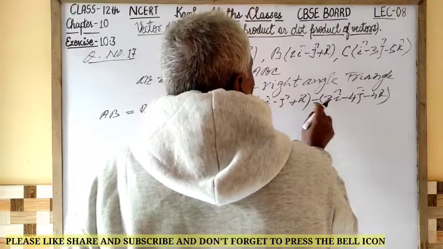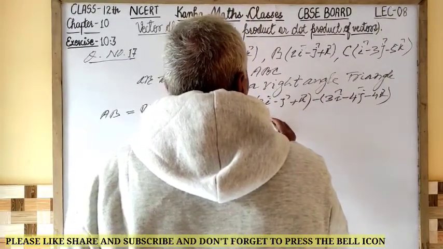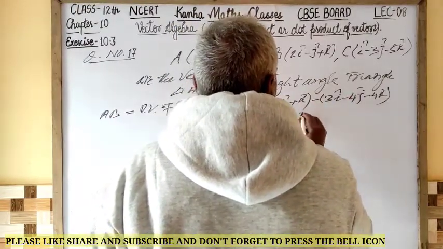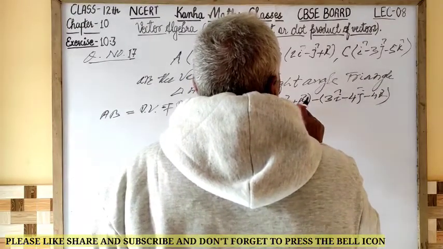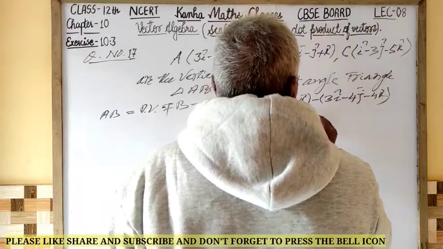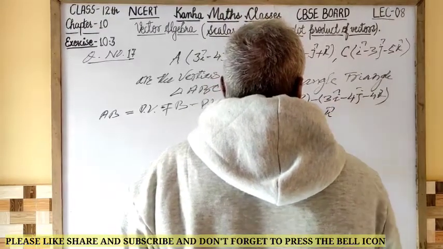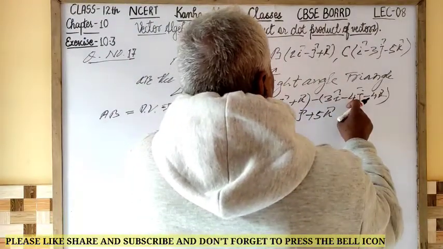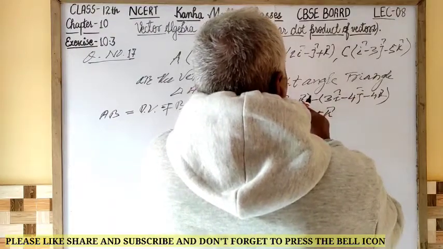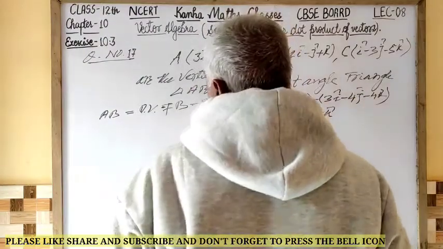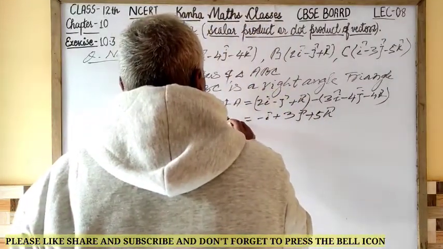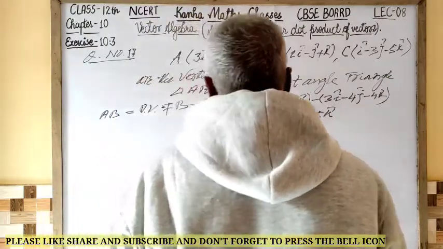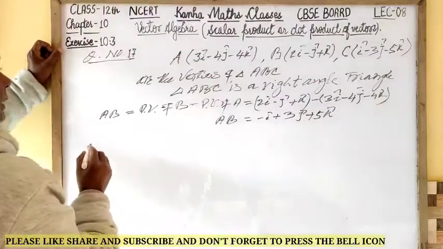So 2i minus 3i means minus i, minus j plus 4j means 3j, and k plus 4k means 5k. Now this is the vector of side AB.